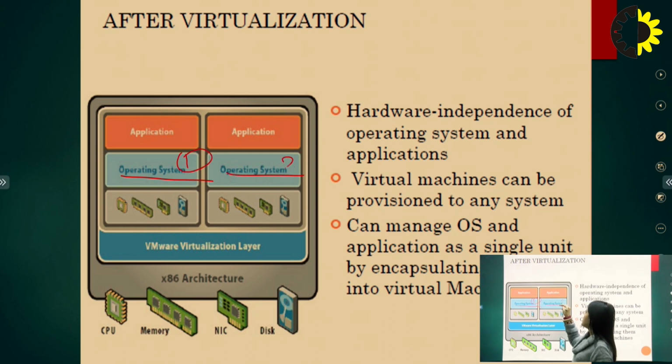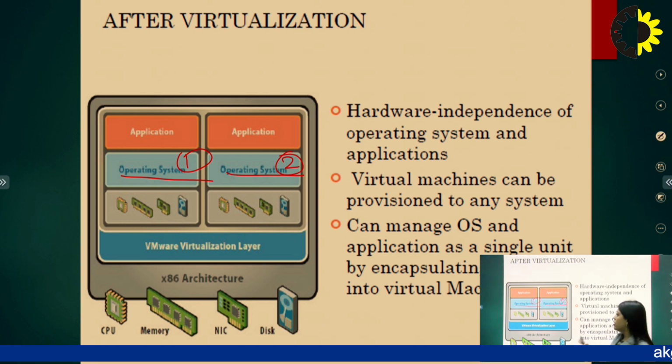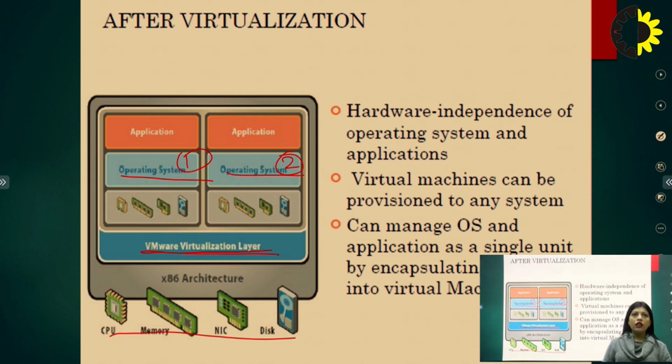This is the first operating system and this is the second, and multiple applications can run on the different operating systems. This comes only after virtualization. On top of the hardware we have the VMware virtualization layer, with the CPU, memory, network interface card, and disk. Operating systems and applications are hardware independent, and a virtual machine can be provisioned on any system.